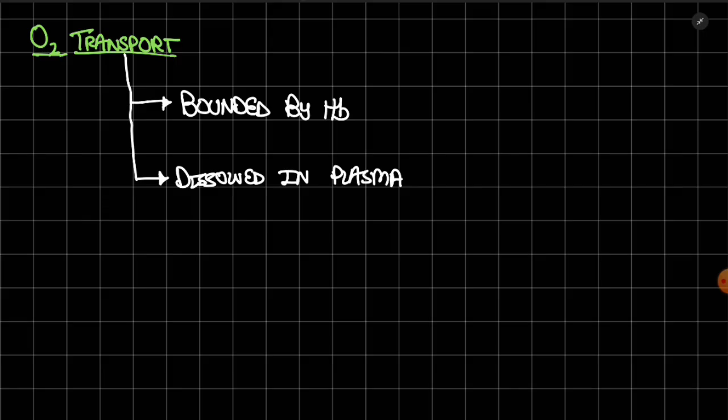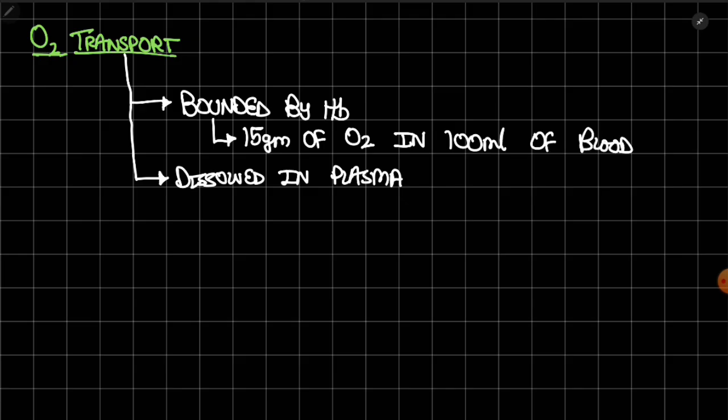So what is the exact value? Bound by Hb is around 15 to 16 gram. So 15 gram of O2 in 100 ml of blood.